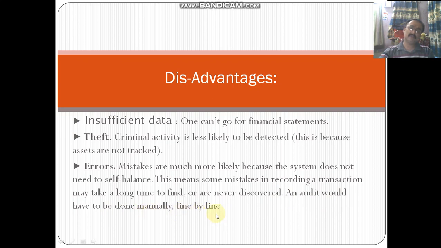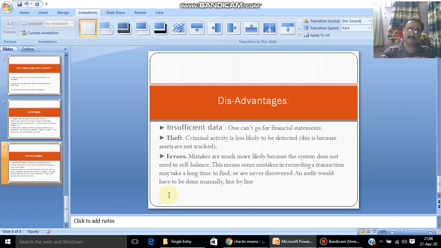It means there is no methodology there, due to no use of software or a double entry accounting system. One is not able to easily detect errors, so it takes longer. So, guys, these were basically the disadvantages.